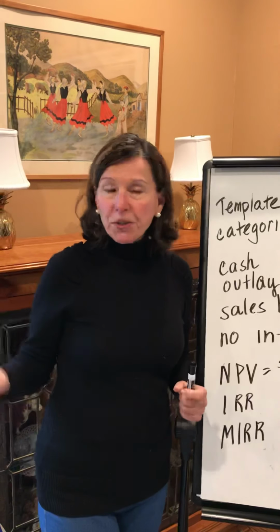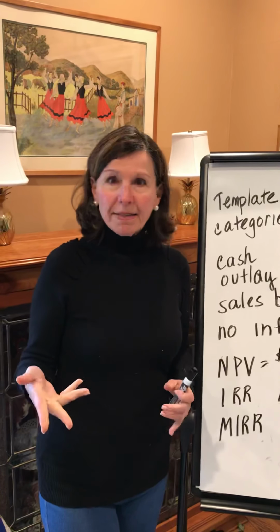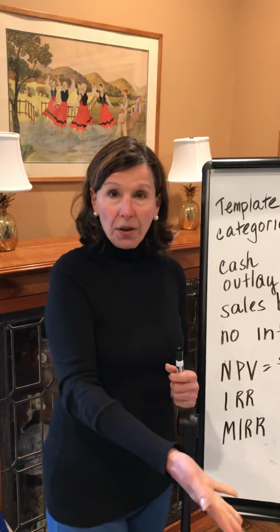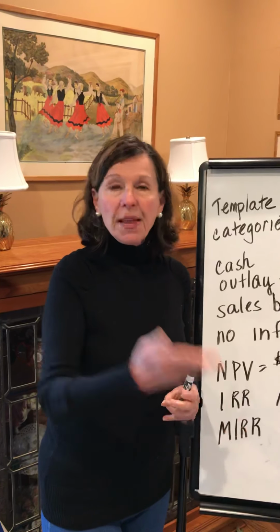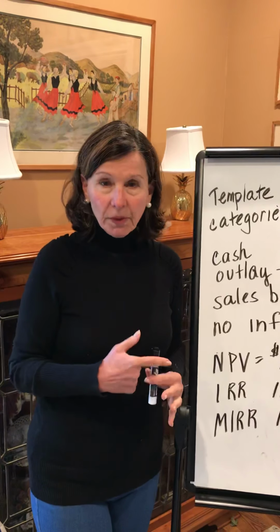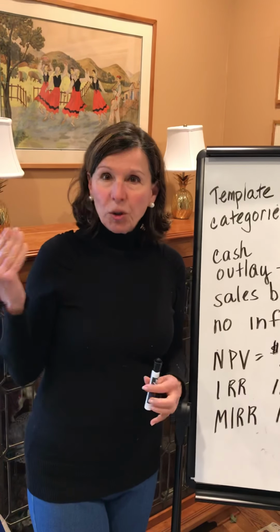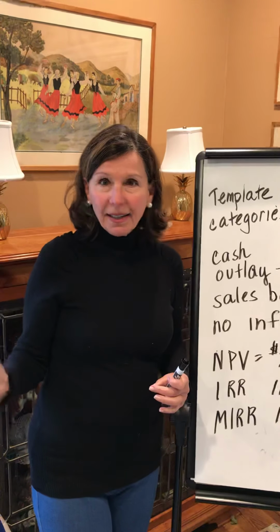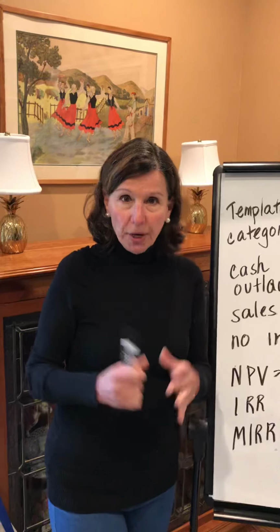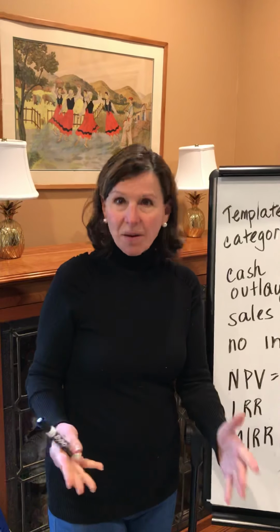Everyone seemed to do really well with the mini case, but the mini case gave you cash outlay in year 0 and then the inflows in years 1 through 4, which was fine. But here's the thing. If you are consulting, your client will not give you a nice spreadsheet with these numbers.